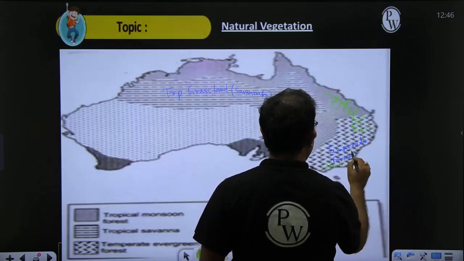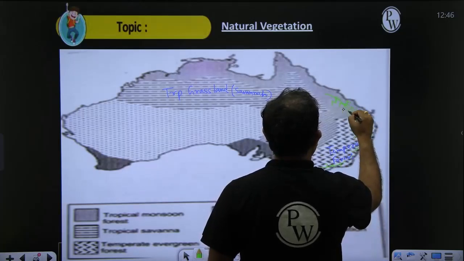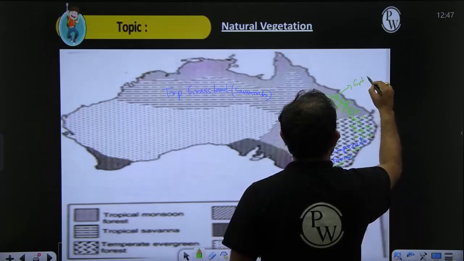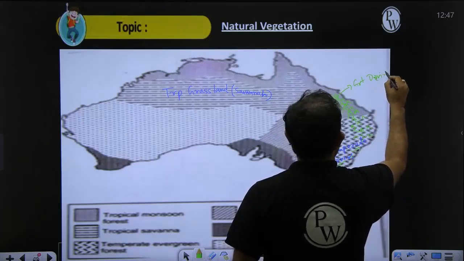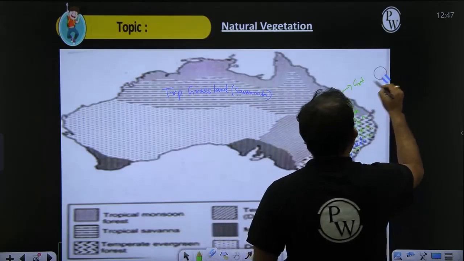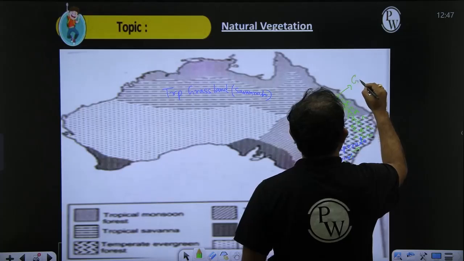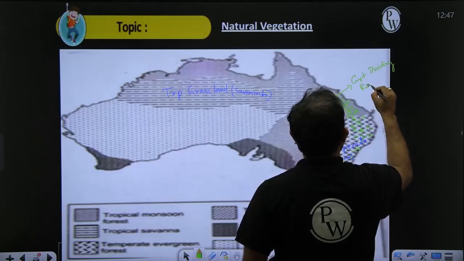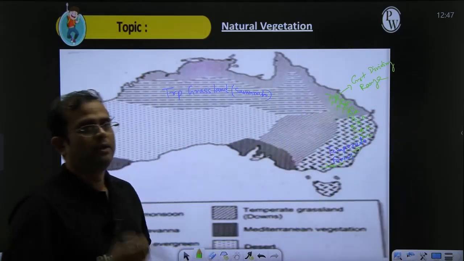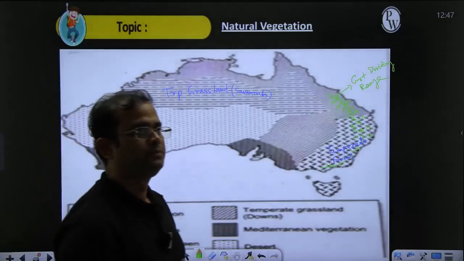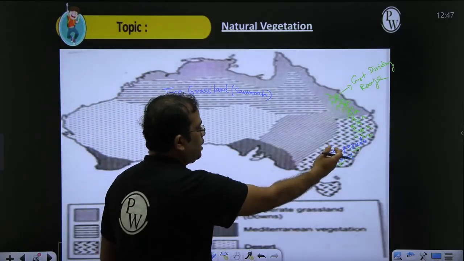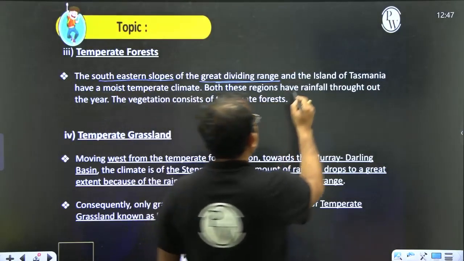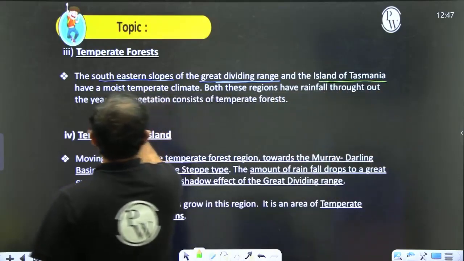The southeastern slopes of the Great Dividing Range and the island of Tasmania have a moist temperate climate.